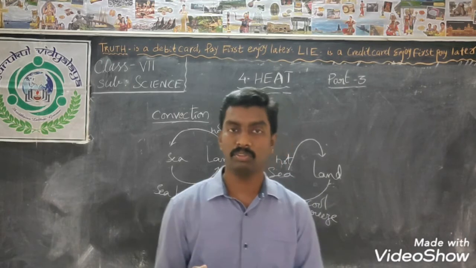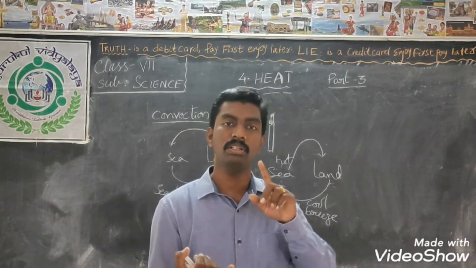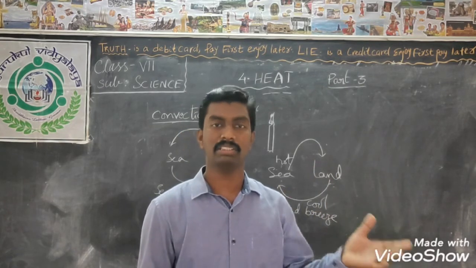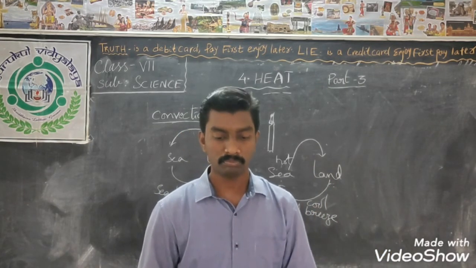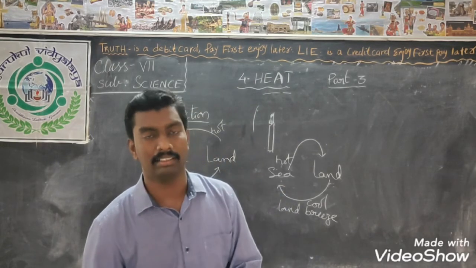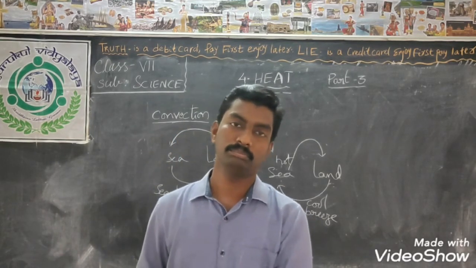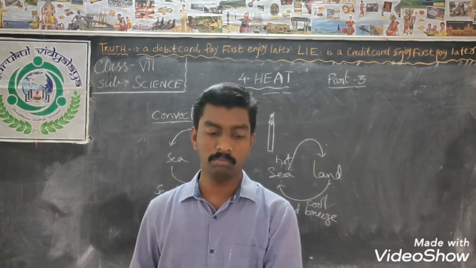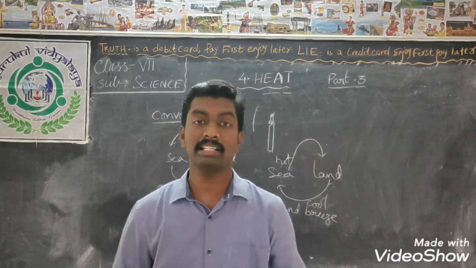Okay children, we have already discussed the transfer of heat up to now. Conduction. The next one is convection in liquids and air. Now, when we come out in the sun, we feel warm. How does the heat from the sun reach us?